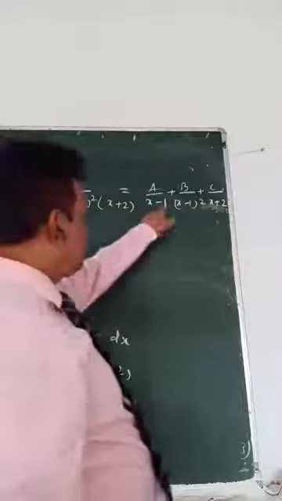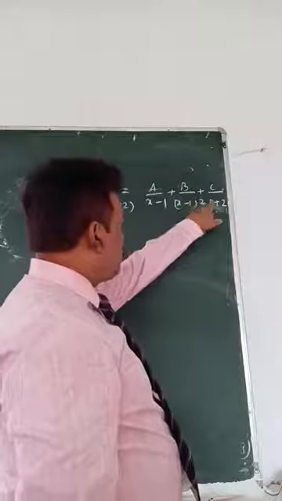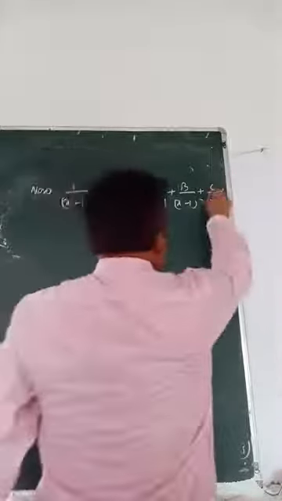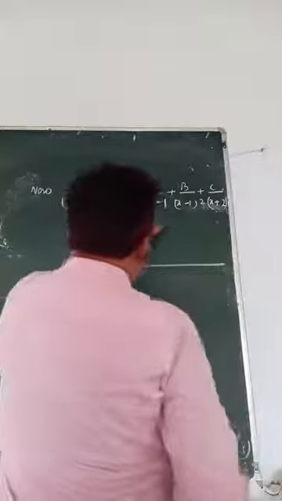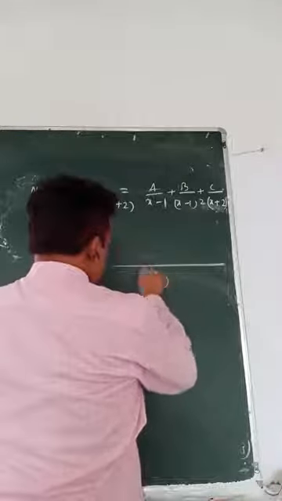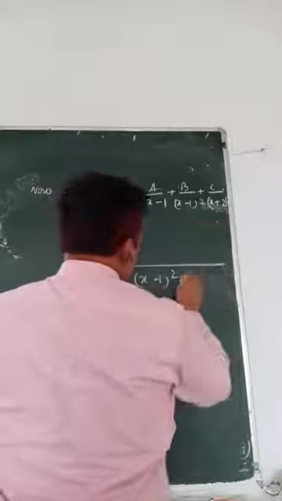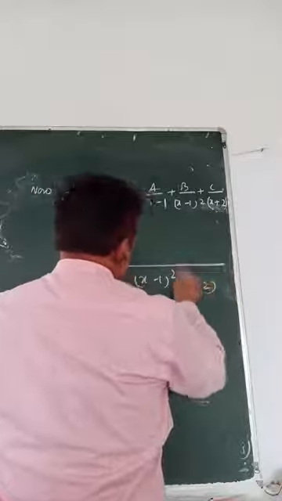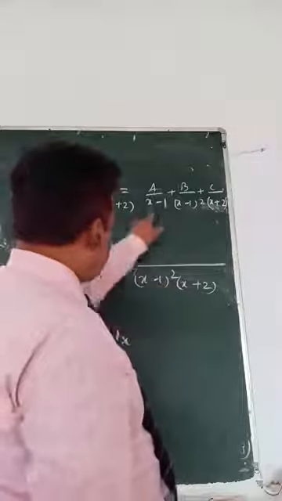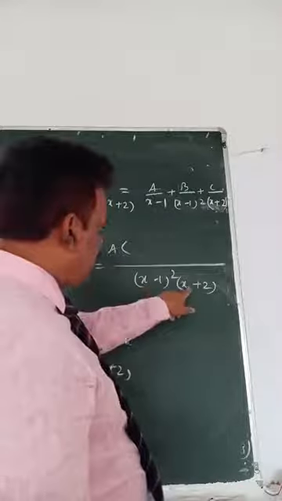Repeated, you write like this, with the square, then x plus 2. Okay. Now the usual method: the LCM between these is the highest power factor, (x minus 1) whole square, then the non-common factor x plus 2. So A into, if you divide this one with this, then (x minus 1) into (x plus 2).